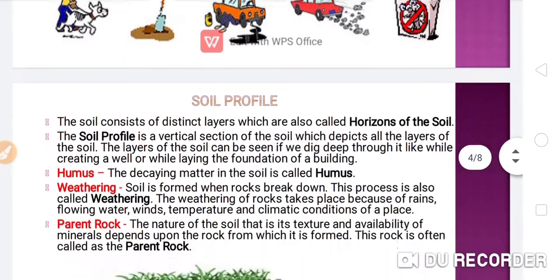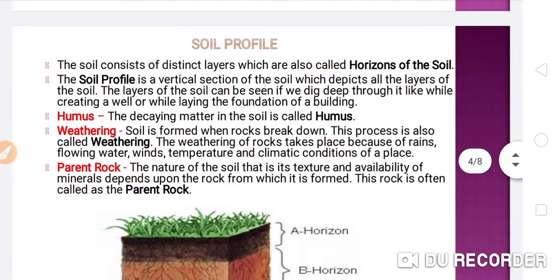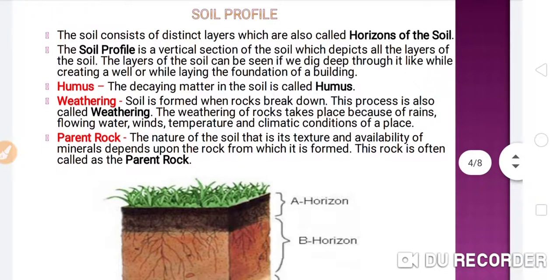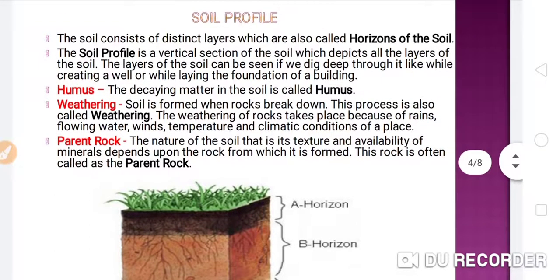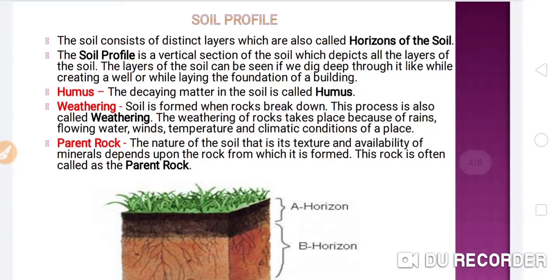Now, soil profile. What is the soil profile? Let's see, students. The soil consists of distinct layers, which are also called the horizons of the soil. The soil profile is a vertical section of the soil which depicts all the layers of the soil.